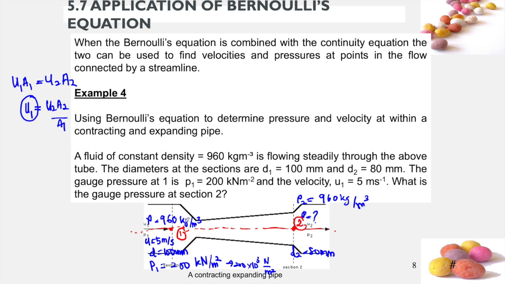Point number 1 is Z1, point number 2 is Z2. From here, this is your datum, your Z1, let's say you have Y, and your Z2 is at the same position as Z1. Therefore, this is Z, this would be Y.